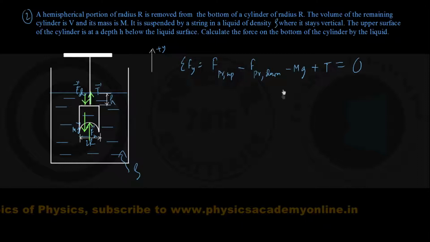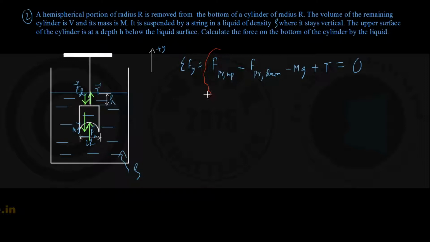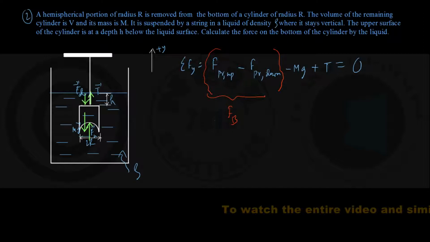Now this was application of Newton's second law to write the equation of motion. We don't need to pursue it any further, and we should recognize by this step now that, let me highlight this quantity, the force of pressure upwards minus the force of pressure downwards, this net force upward is referred to as the force of buoyancy exerted on this immersed body by the liquid.